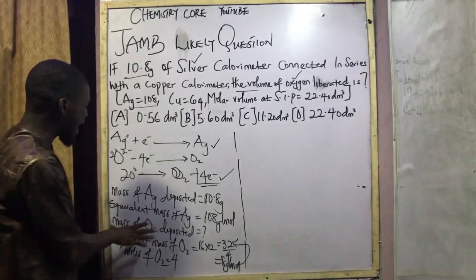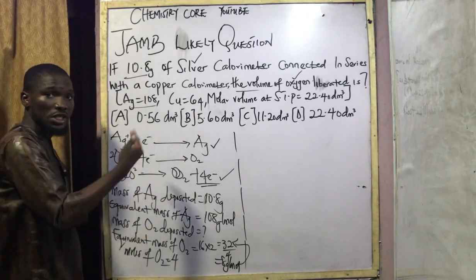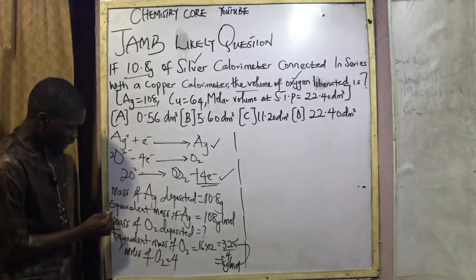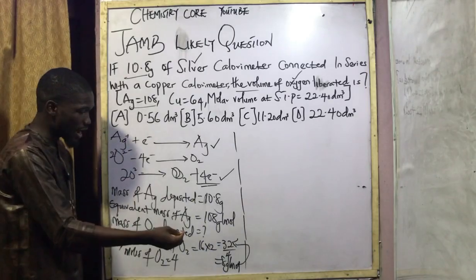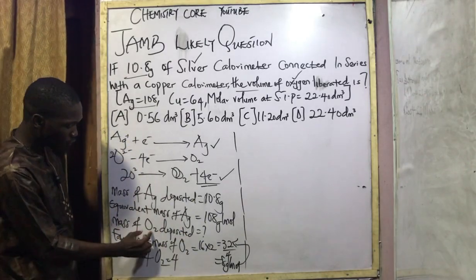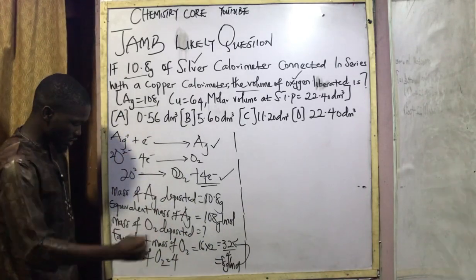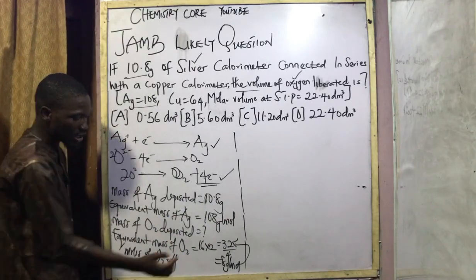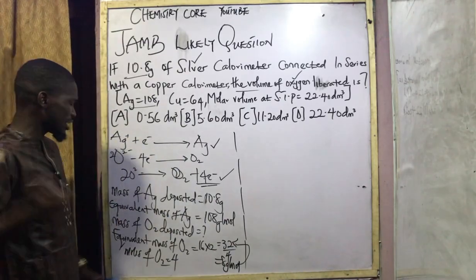So guys, for the fact that we know the mass of silver deposited and the equivalent mass of silver, the mass of oxygen deposited we don't know. Equivalent mass of oxygen is what? 8 gram per mole. So guys, come closer now.